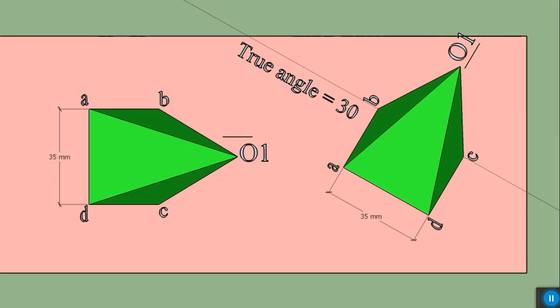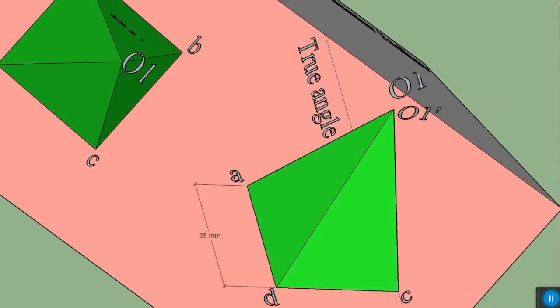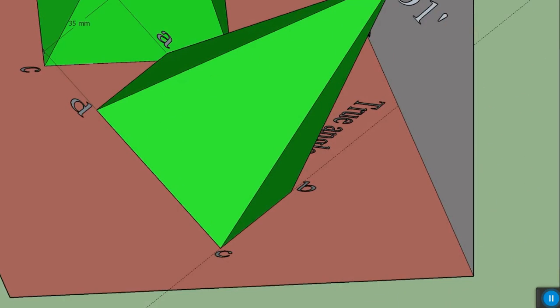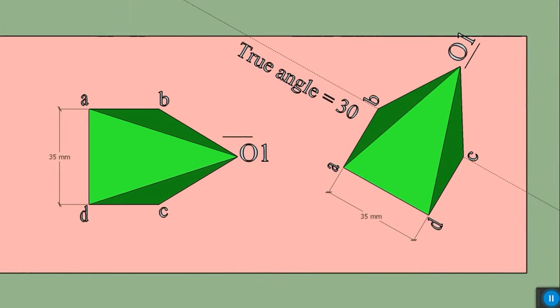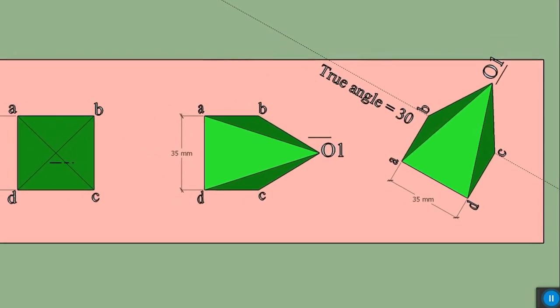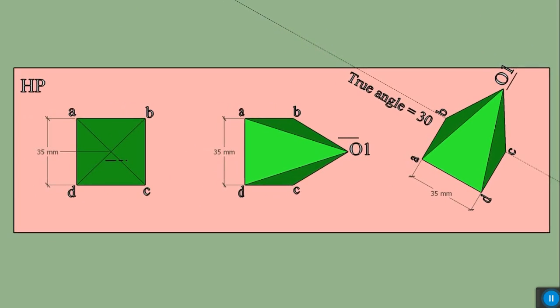Here we can see that the resting base edge BC is inclined with respect to vertical plane at an angle of 30 degree. This is the final top view of given problem, in which we can observe that the base of square pyramid is invisible in all the three positions.